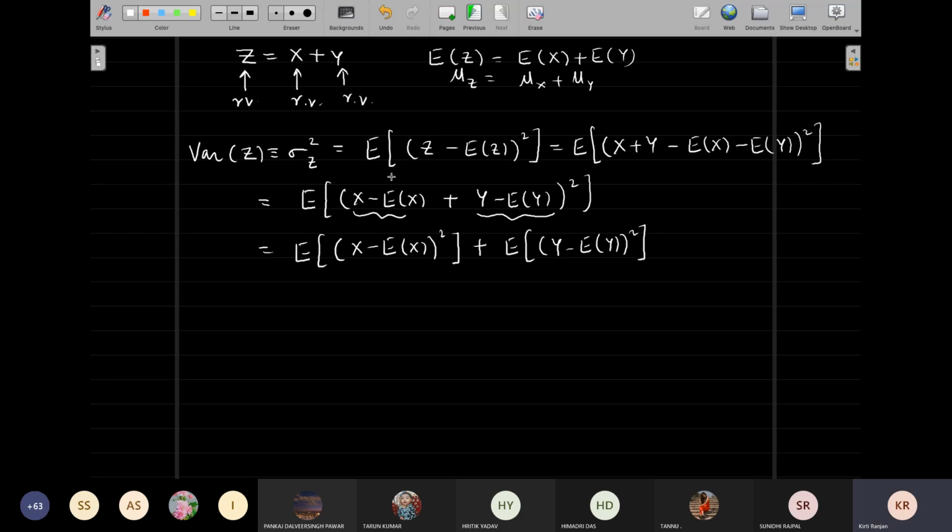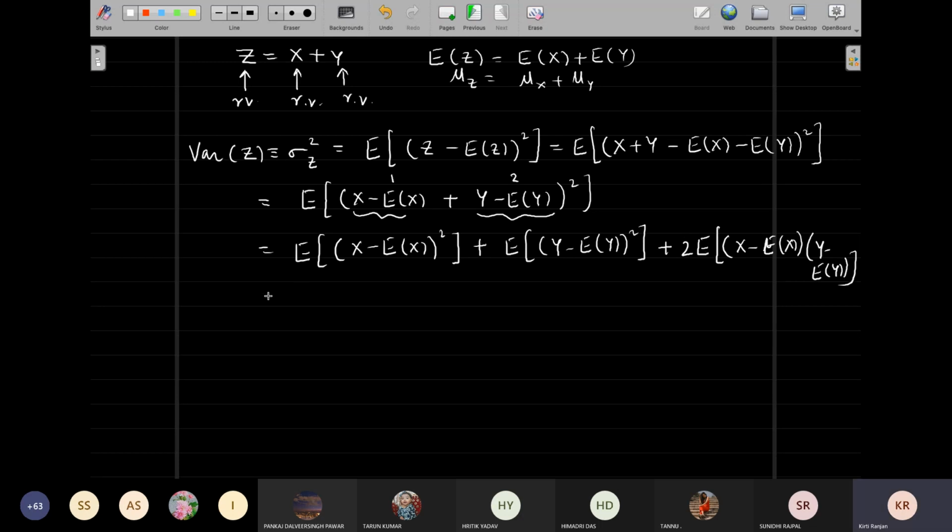When you are opening the bracket with this as the first term, this as the second term. First term is this. Second, 2 sigma xy. So rather than that, let me just write down. Yeah, what you said is absolutely right. x minus Ex, y minus Ey, and the 2 I can take out.